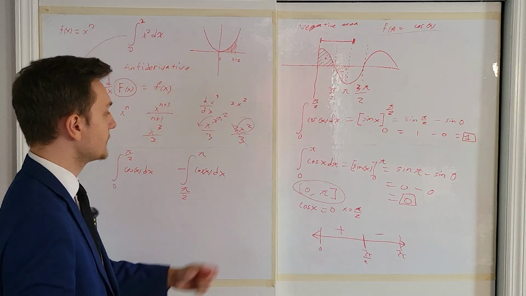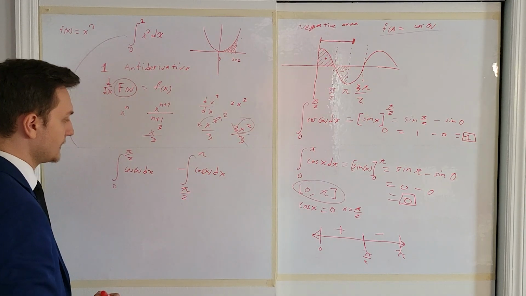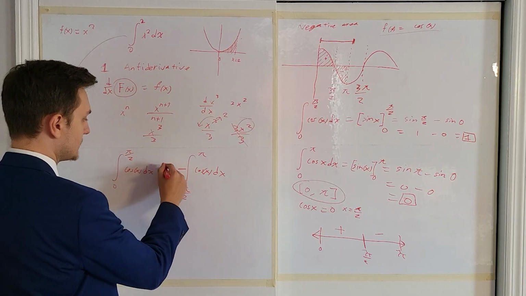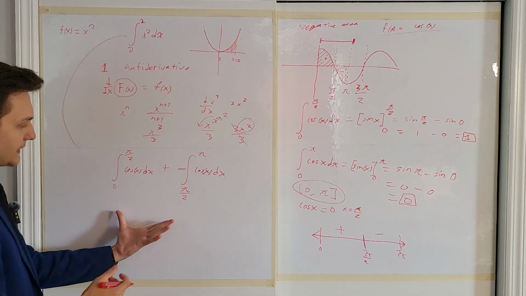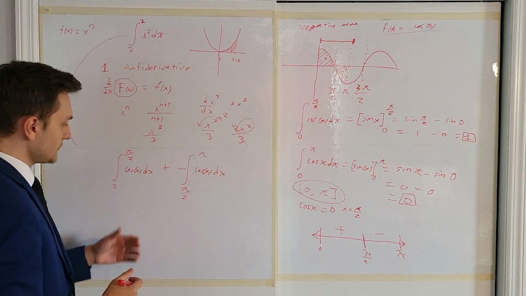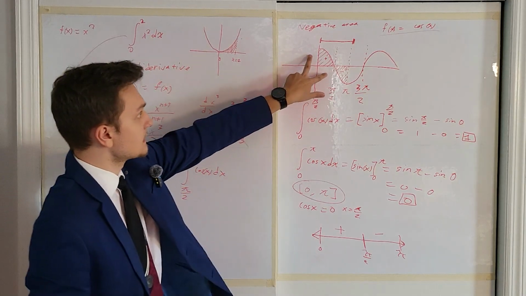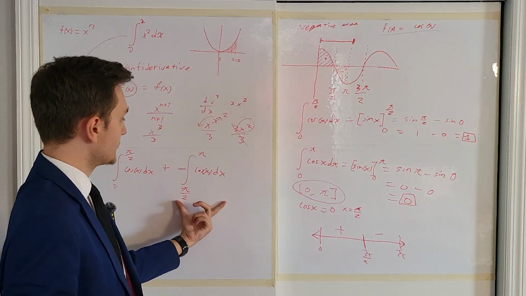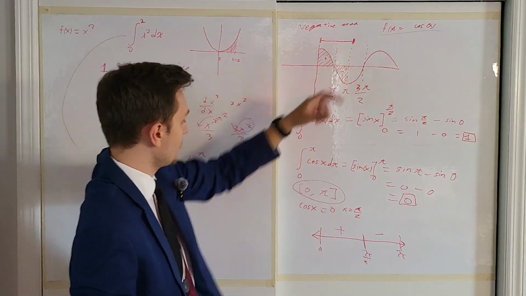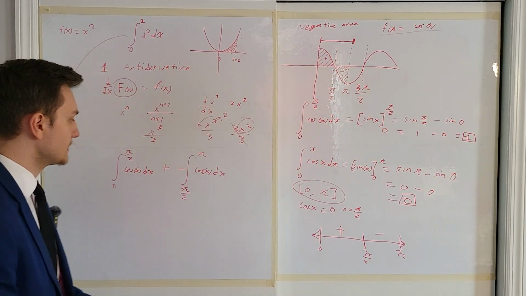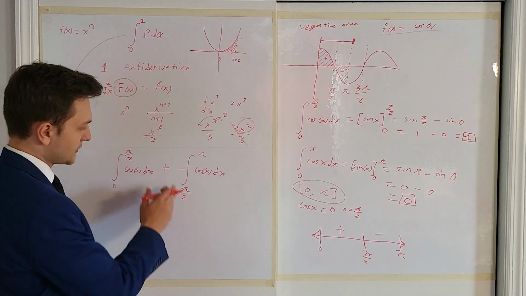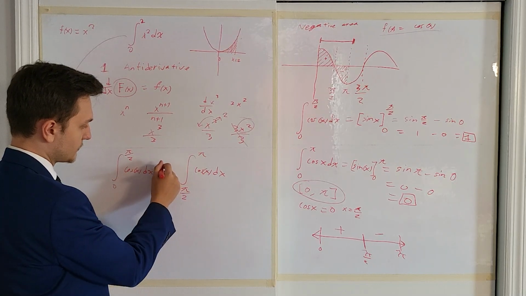The negative of a negative area is a positive area, okay? And then I'm going to add these two together, okay? If I add this positive area and this now newly positive area, I'm going to get the total magnitude of the area, okay? So I'm just going to convert this into a subtraction.